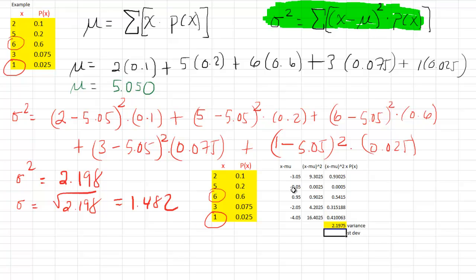The standard deviation will be equal SQRT, square root of that value, 1.482. As you can see, we have the same values. And that's how you compute the variance and the standard deviation, and also the mean of a probability distribution.